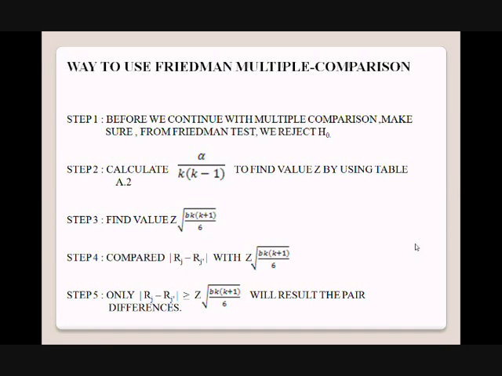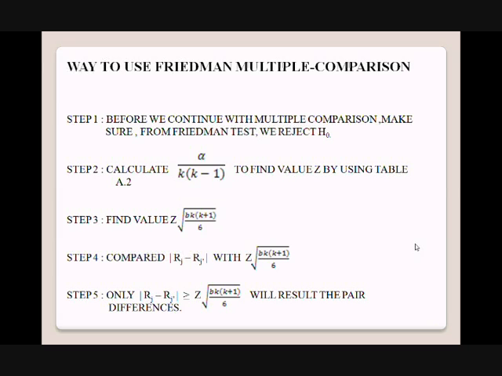Ways to use Friedman multiple comparison. Step 1. Before we continue with multiple comparison, make sure that from the Friedman test we reject H0. Step 2. We calculate alpha over k times (k minus 1) to find the value of z by using table A.2. Step 3.